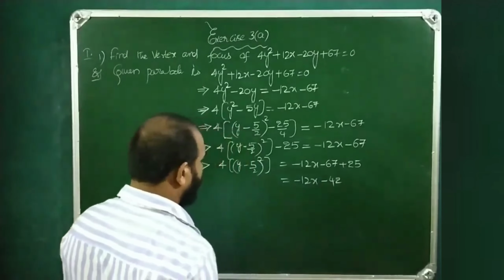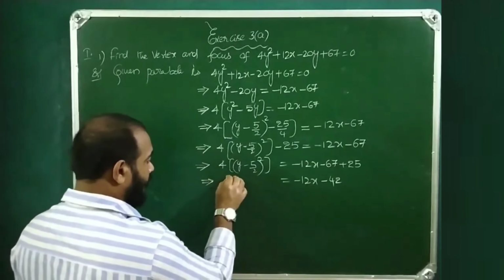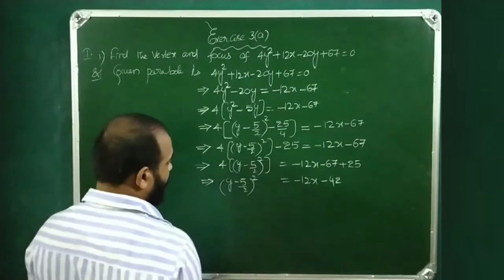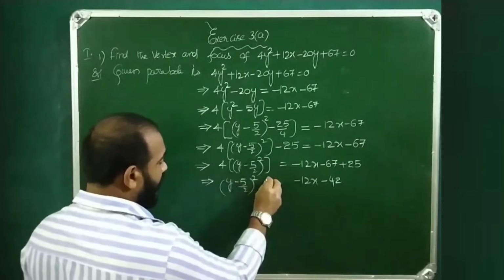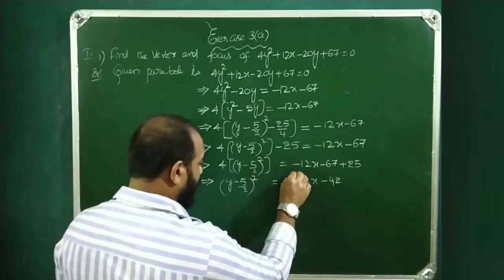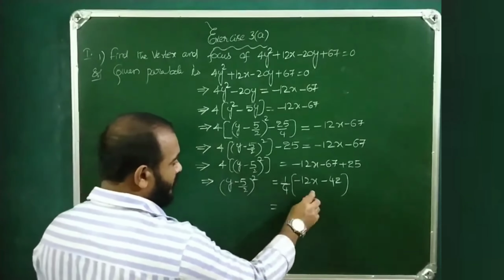So therefore, y minus 5 by 2 whole square equals, when I transpose the 4 onto the other side, 1 by 4 into this.